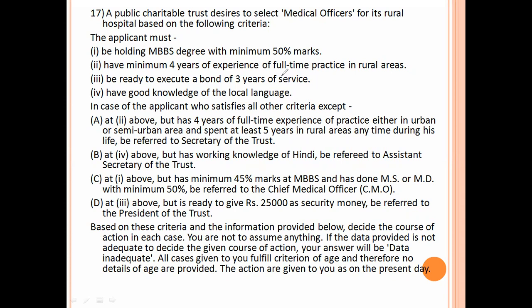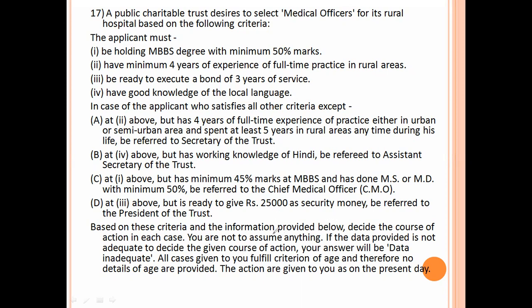In the case of an applicant who satisfies all but 4 above, but has working knowledge of Hindi, he is referred to the assistant secretary of the trust. At 1 above, but he has a minimum of 45% marks at MBBS and he has done MS or MD with a minimum of 50%, he is referred to the chief medical officer. At 3 above, but he is ready to give 25,000 as security money, he is referred to the president of the trust. Based on these criteria and the information provided below, decide the course of action.